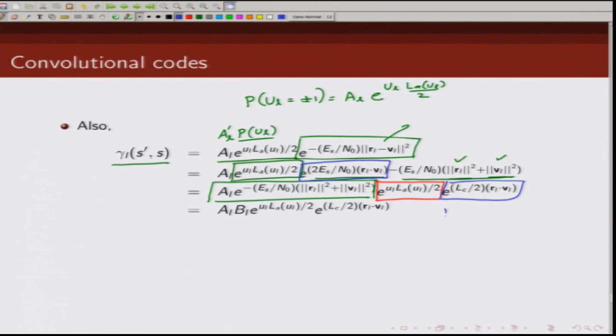Please note, LC is 4 times ES by N naught. So, that is why we are writing it as e raised to power LC by 2 and dot product between R and VL. So, then we can just simplify this expression as some constant terms multiplied by this a priori term, and this is a term which depends on received channel values.